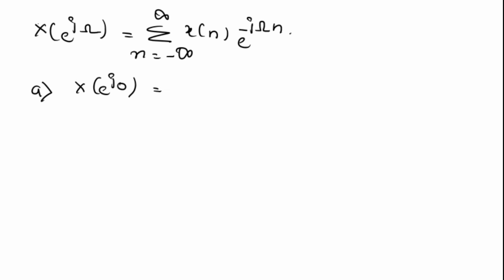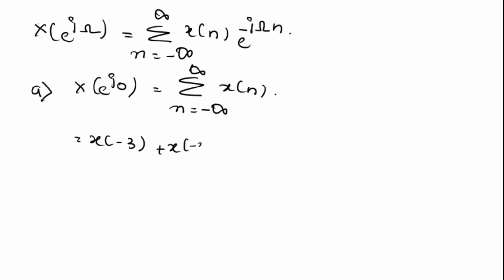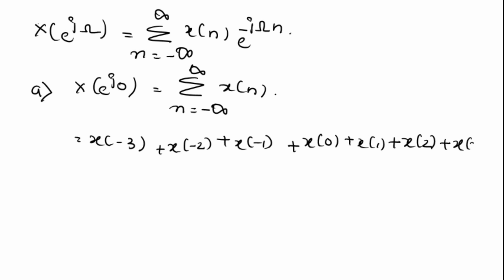By putting omega equal to 0 in the above equation, we get summation of x of n, which is equal to x of minus 3 plus x of minus 2 plus x of minus 1 plus x of 0 plus x of 1 plus x of 2 plus x of 3 plus x of 4 plus x of 5.